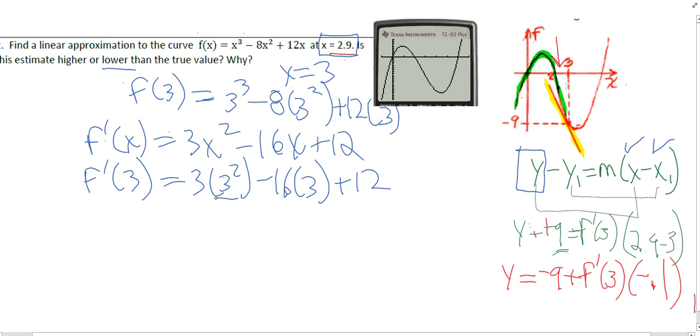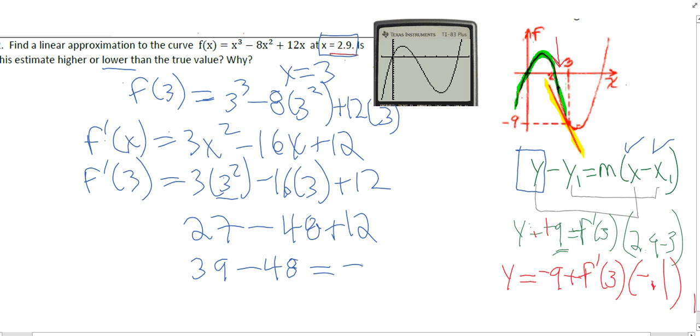Let's see, 9 times 3 is 27. 27 minus 48 plus 12. Adding those two together, we get 39 minus 48, and that would end up equaling negative 9, right? So there we have it, all the pieces that we need.